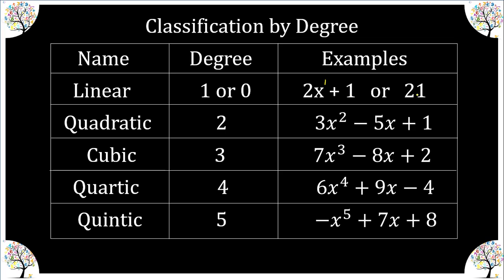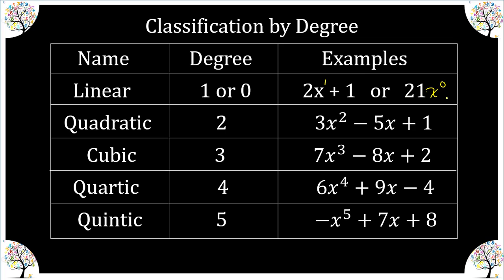Here's the second example. There's no variable, but we could add a variable, 21 times x, but we've changed the problem. However, if we say 21 times x to the 0, we really just have the original problem because anything raised to the 0 power is 1, so x to the 0 is 1. 1 times 21 is 21, my original problem.